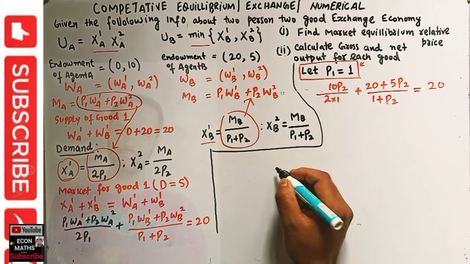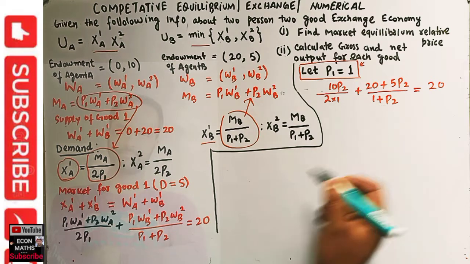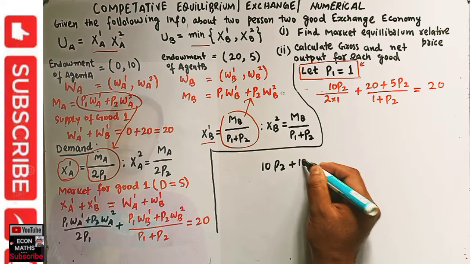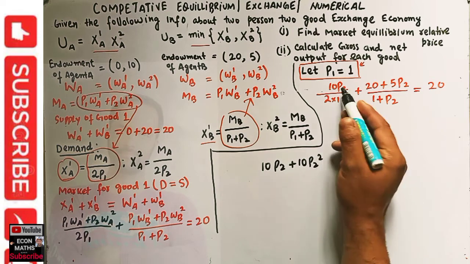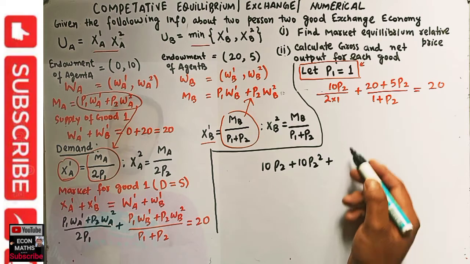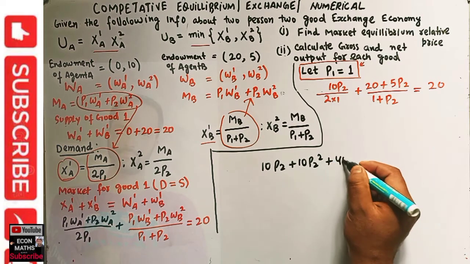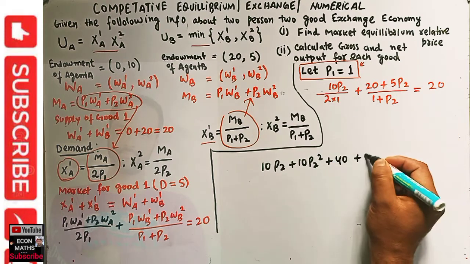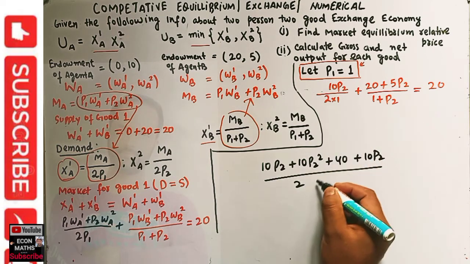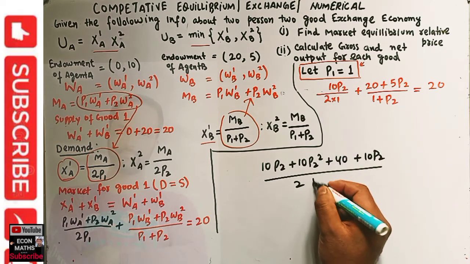So multiplying this, we have 10 p2 plus 10 p2 square, plus, since it is only 2 here, 2 20s are 40, plus 2 5s are 10 p2, divided by 2, multiplying this 2 with each of the terms here.